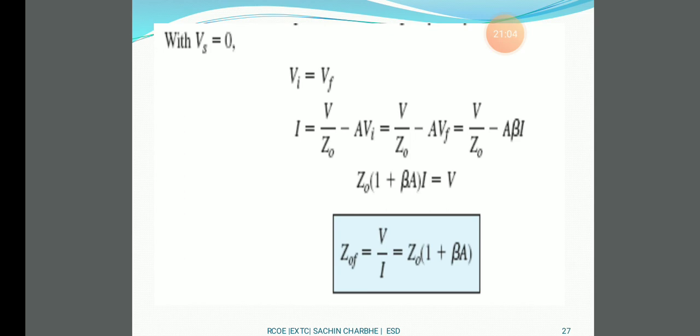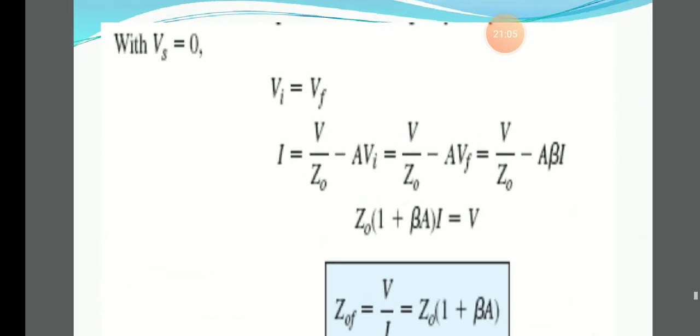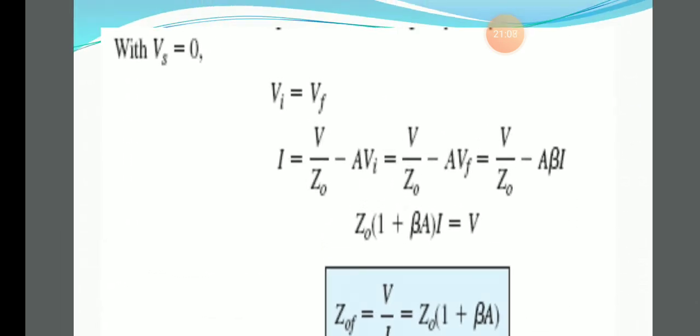As usual, when the source voltage is 0, naturally we get the input voltage equals the feedback voltage. Then the current we can calculate using the voltage by output impedance minus A Vi, in terms of that diagram. So V equals Z0 minus A Vf.